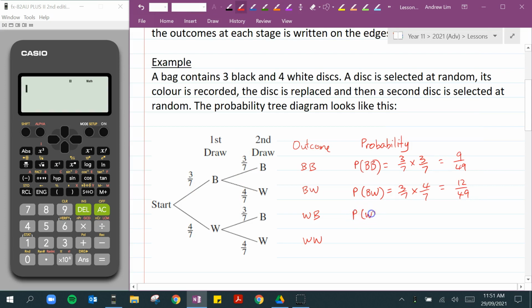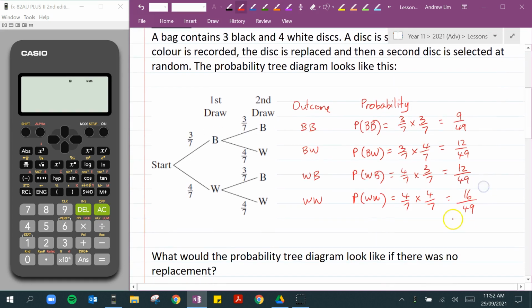The probability of white and then black is 4 out of 7 times 3 out of 7, which is 12 out of 49. And the probability of white and then white is 4 out of 7 times 4 out of 7, which is 16 out of 49.